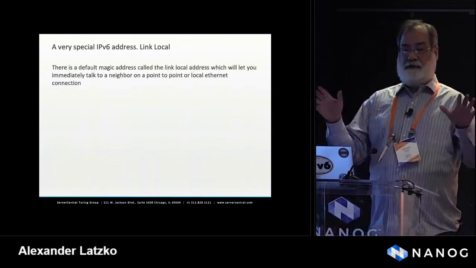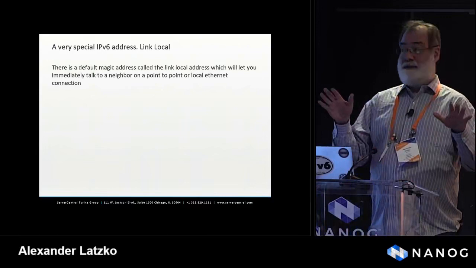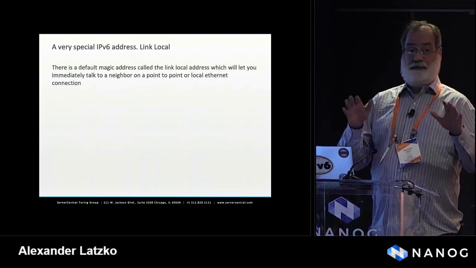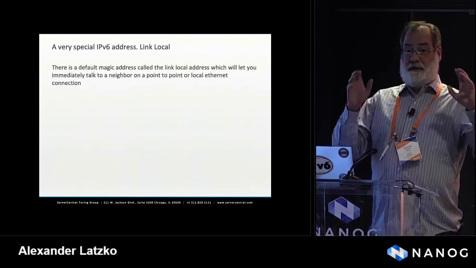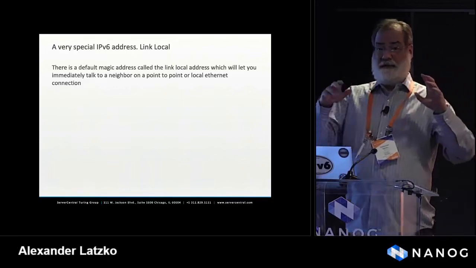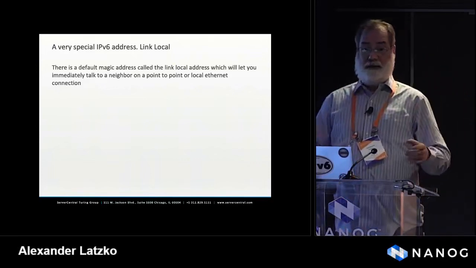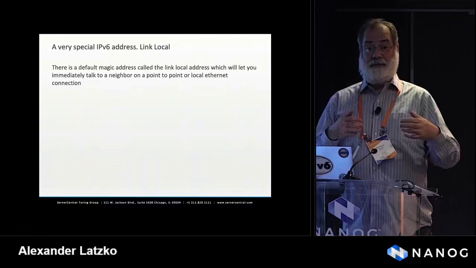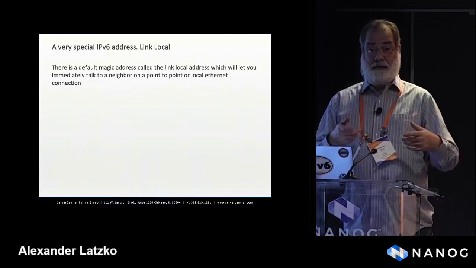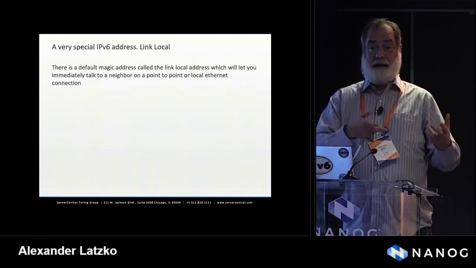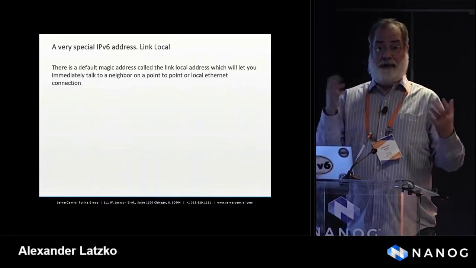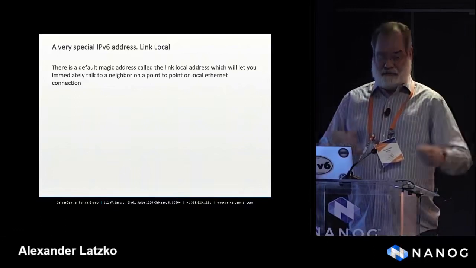You can talk directly to your Ethernet neighbors using a link local address. Without any resolution, you can just say, I want to talk to link local FE80, and you'll be able to get to it. Really cool for things like local printers, connecting to any local device. It just advertises its MAC address, and magically you're there if you happen to know what it is.